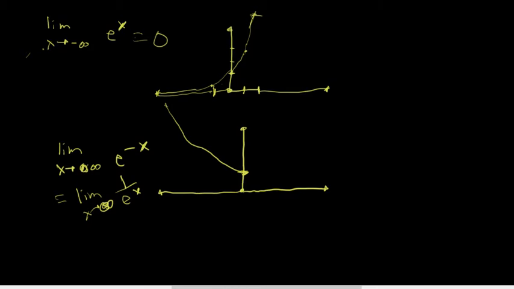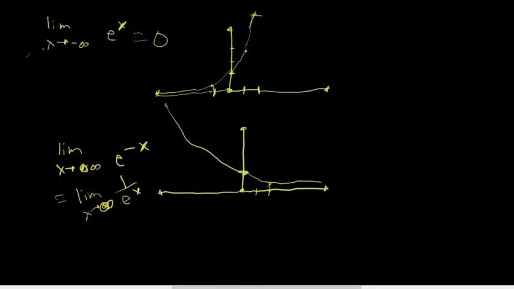And now when we're looking at positive values of x, we're going to be taking the reciprocal of larger and larger numbers. So 1 over 9 is going to be 1/9. e squared is a bit smaller than 9, but we'll have a number like 1/9 here. But say we looked at e to the 10,000, that will be a really big number. 1 over e to the 10,000 would be a really small number, really close to 0.